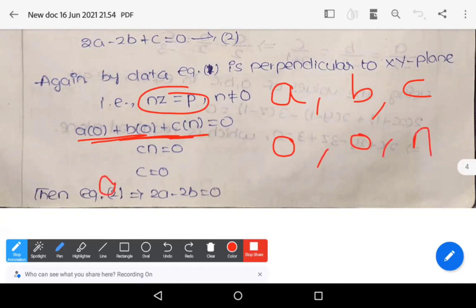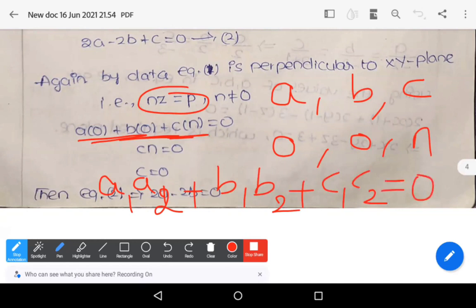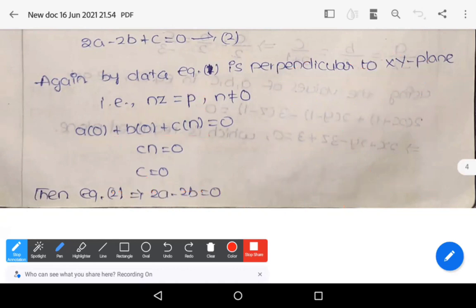Apply the condition a1a2 + b1b2 + c1c2 = 0. Here a, b, c is one set, a1, b1, c1, and 0, 0, n is another set, a2, b2, c2. By substituting, we get A into 0 plus B into 0 plus C into n is equal to 0. We assume that n is not equal to 0. Automatically, we get C is equal to 0.